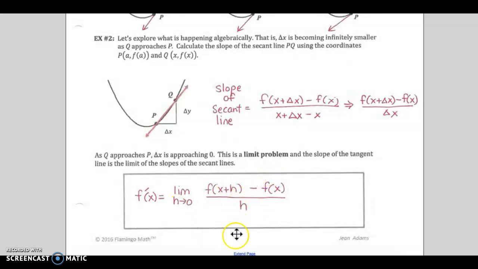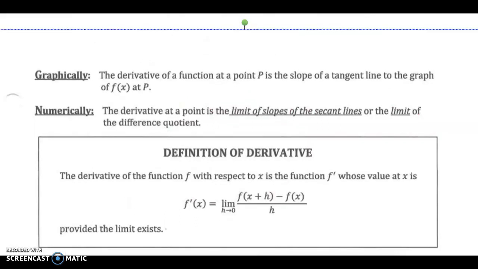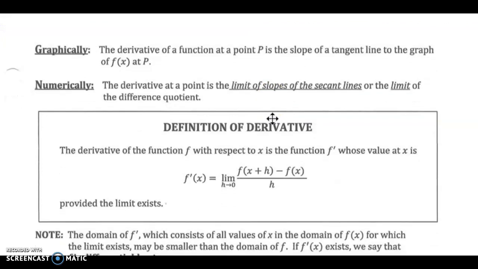We've done this multiple times before, which is a good thing. Graphically, the derivative of a function at point P is the slope of the tangent line to the graph of f of x at P. Numerically, that means the derivative at a point is the limit of slopes of the secant lines, or the limit of the difference quotient.